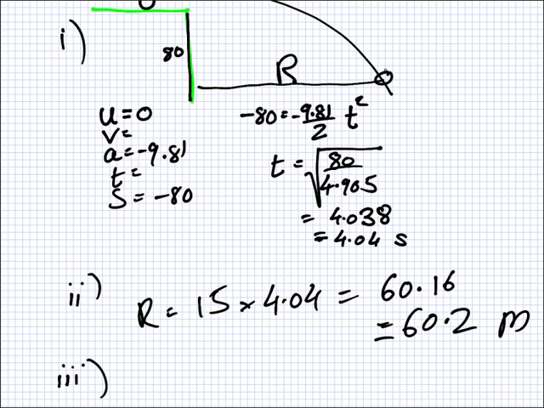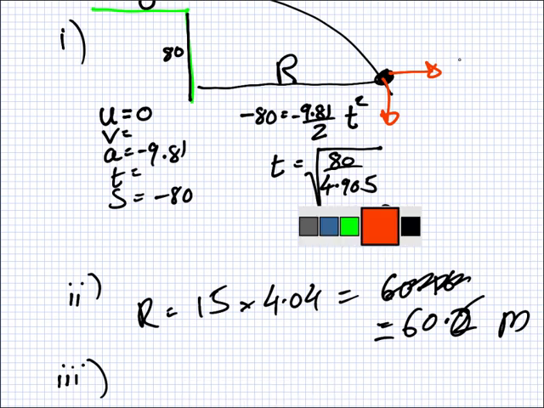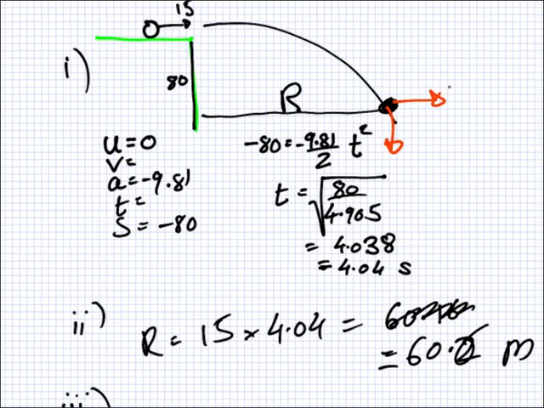they want the velocity here. So they want this and this. So, we know this one here has to be 15.